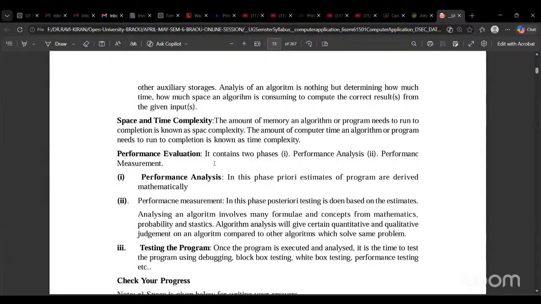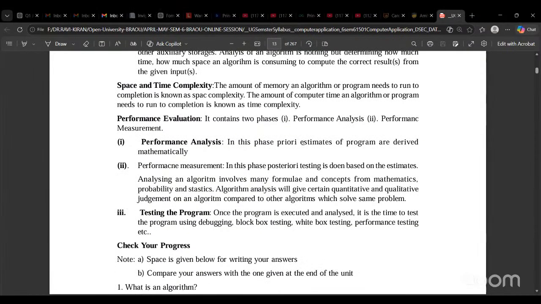So this is the performance evaluation. It contains two phases. One is performance analysis, the next is performance measurement. The performance analysis phase estimates the program's performance, derived mathematically.